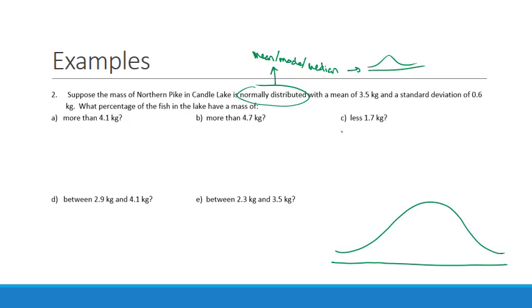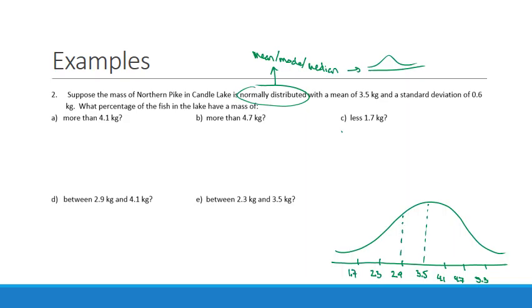Okay, there's my bell curve. So it says a mean of 3.5. Standard deviation of 0.6. So 1, 2, 3. We'll go 3 above, 1, 2, 3 below. So that'd be 4.1, 4.7, 5.3, 2.9, 2.3, 1.7.